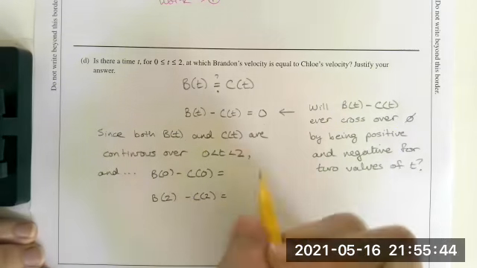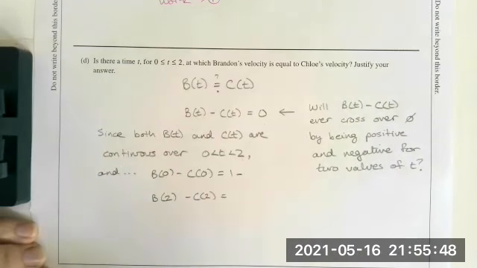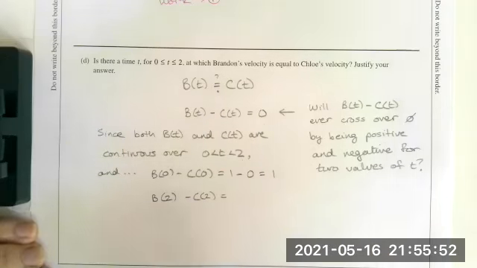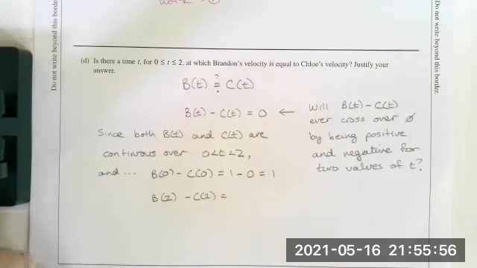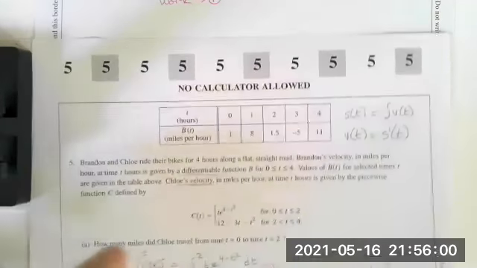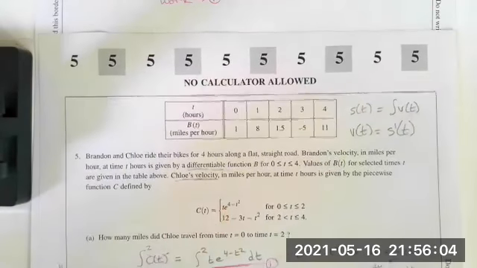B of 0 is 1 and C of 0 is 0. So that's positive 1. By the way, these values are coming straight from the table. B of 0 is 1. C of 0 is 0 times, so it's automatically a 0.